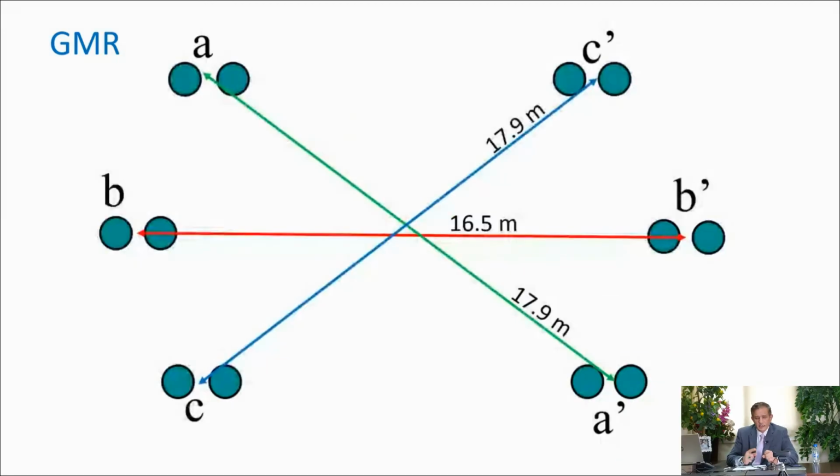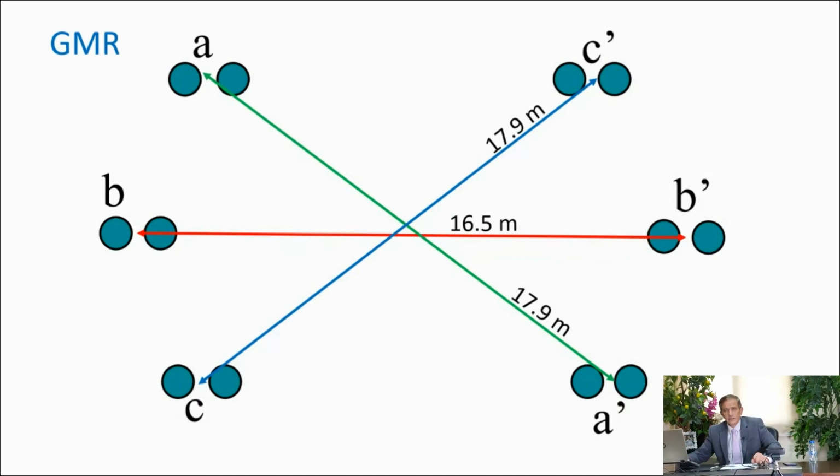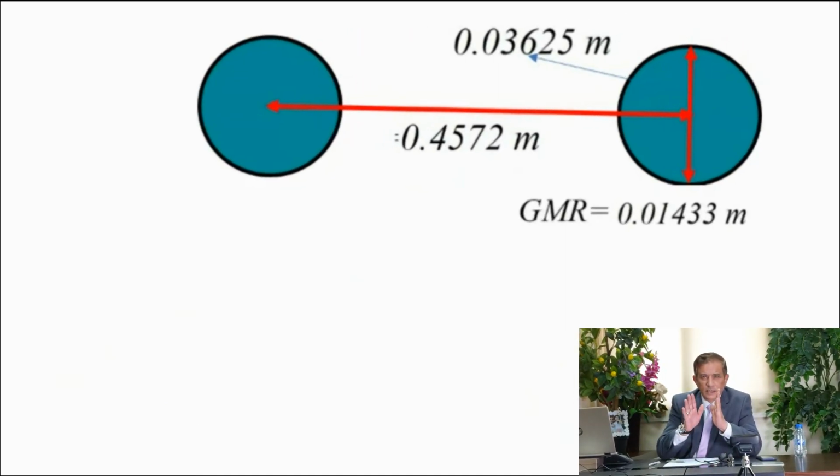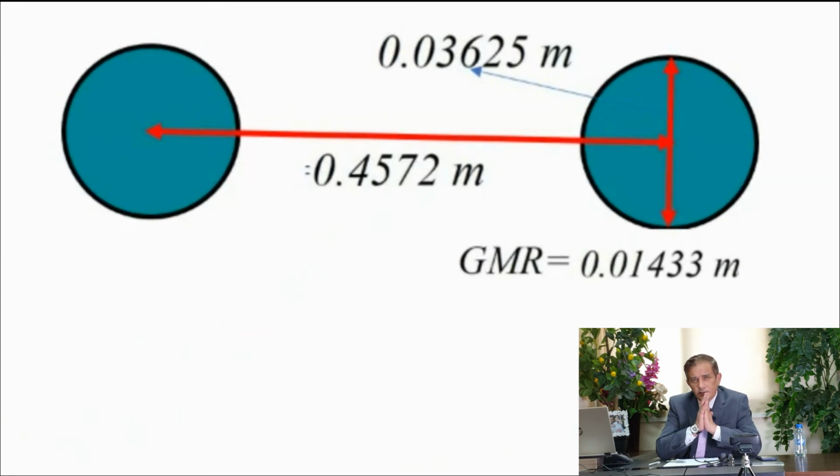So these are the distances between the phases themselves, plus the distance inside the bundle. Each bundle is identical like this. It has this spacing. We calculate the spacing, converting the 18 inches to meters, and the diameter is given there, and also the geometrical mean radius.